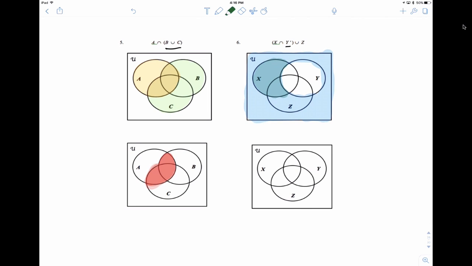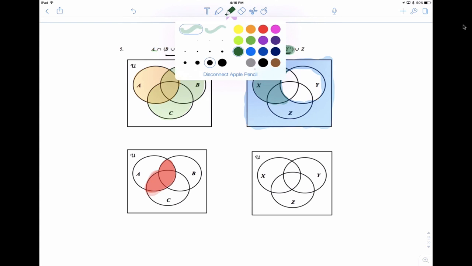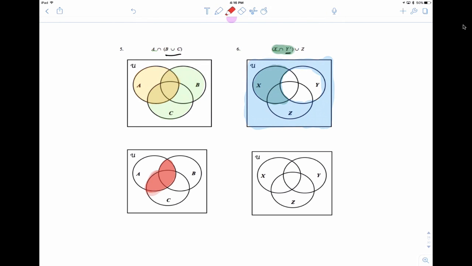And now we're looking for the final, so we're dealing with this. So this is what I've just shaded in union with z. Pick a completely different color. In union with z. All of this, there it is, and all of z. So all of this, and this is where this falls apart a little bit. I'm just going to have to remember what's what. All of z. What I can do, I think, is just darken up.